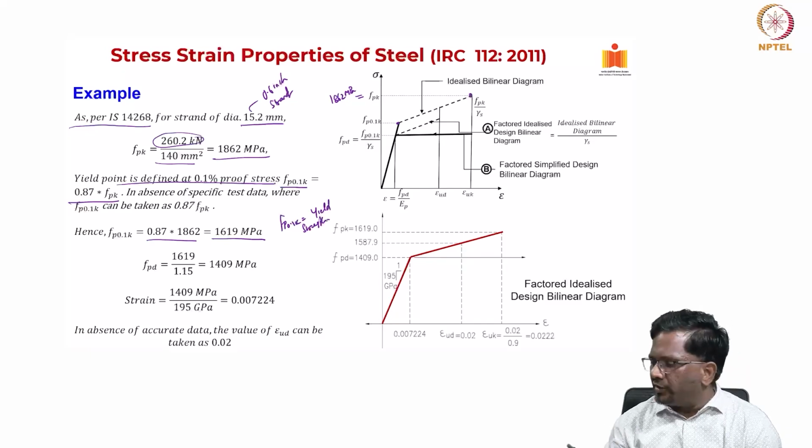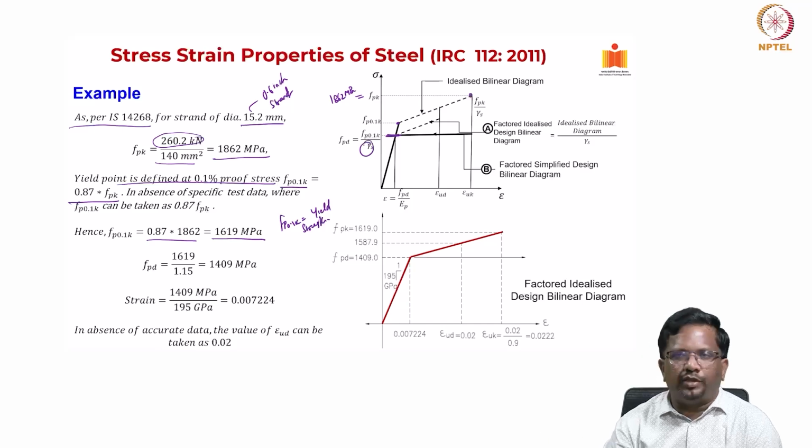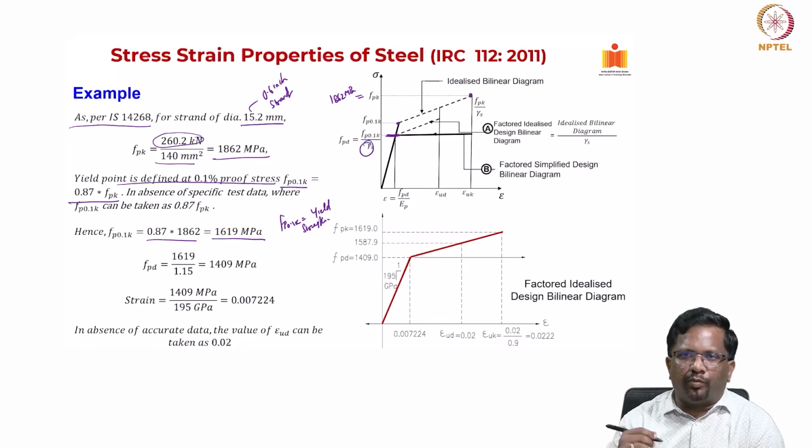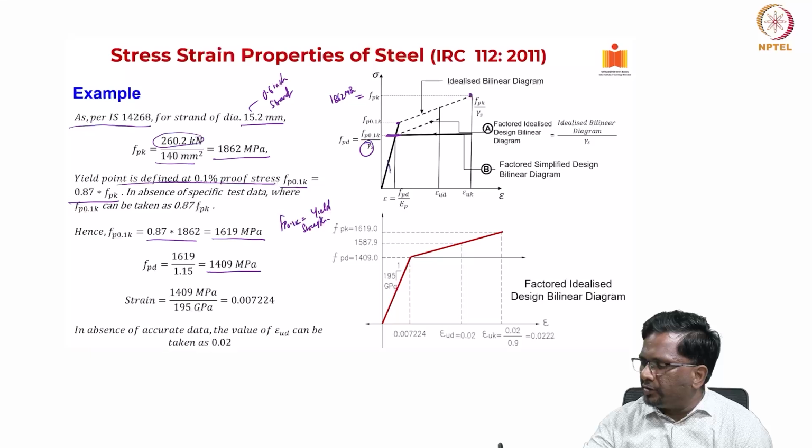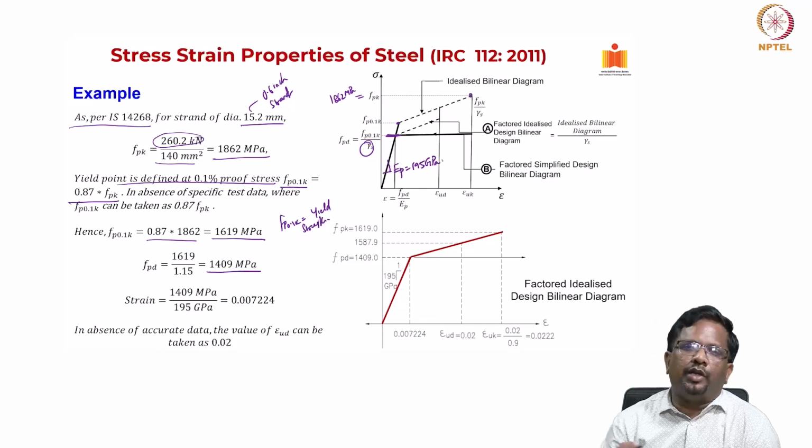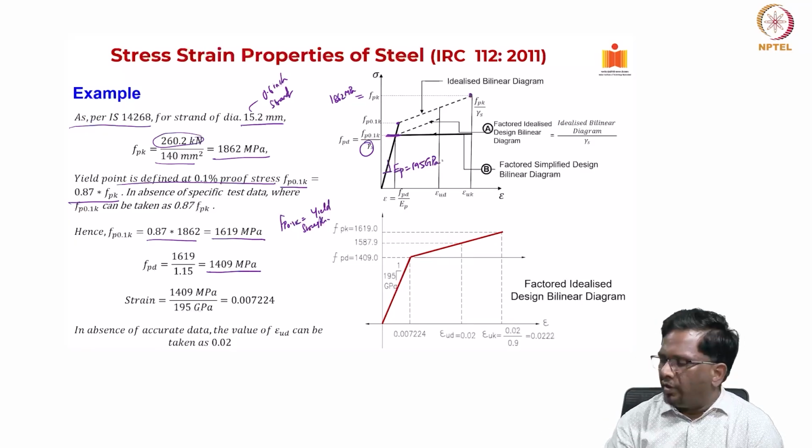Now what is design strength? Design is basically, again, I have to knock it down by this gamma S. I take 1619 megapascal and divide by 1.15, which is the material partial safety factor, and then you get 1409 megapascal. Now what is the strain corresponding to 1409? This modulus, as I have told you, EP, we take as 195 gigapascal, slightly lesser than the 200 gigapascal that we use for regular steel.